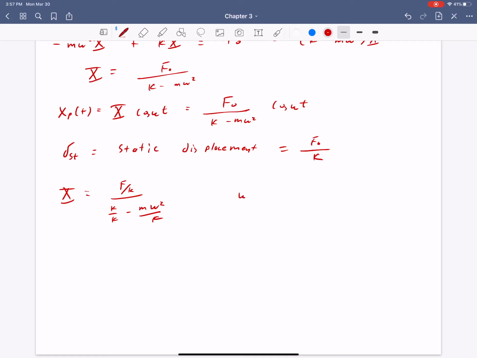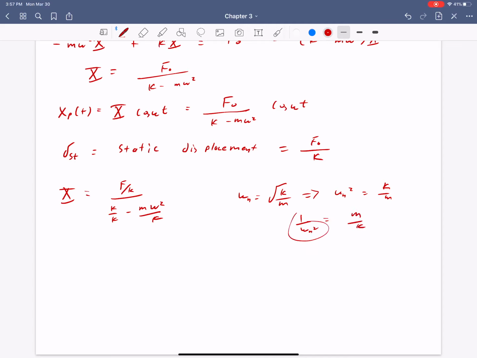Well, remember that omega_n is equal to the square root of k over m. So omega_n squared is equal to k over m. Oh, wait, there's no squares there, you silly goof. So 1 over omega_n squared is equal to m over k.